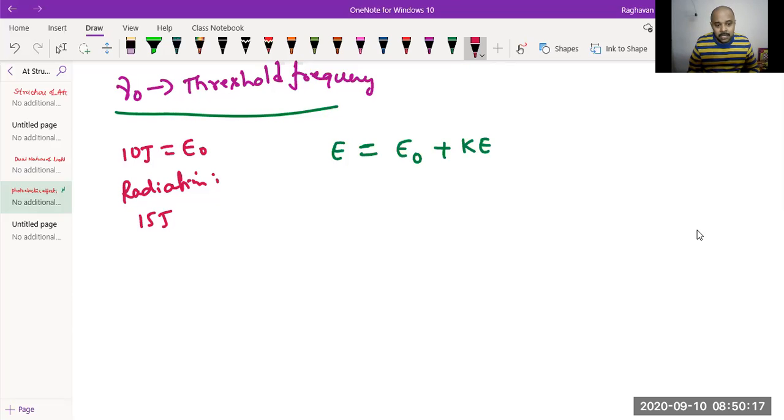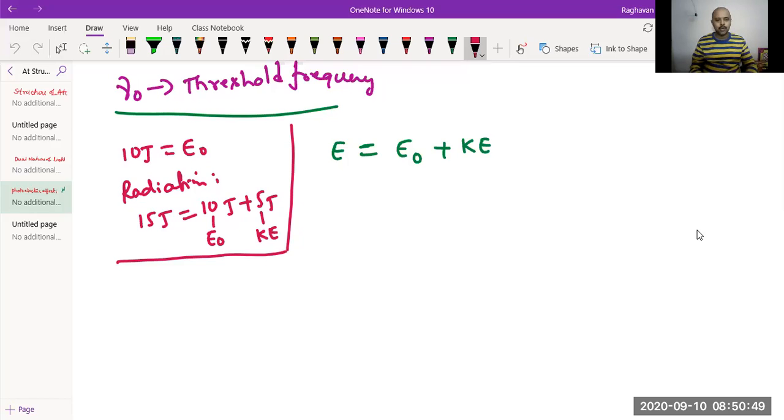What happens? 10 joules will be used for removing the electron. The remaining 5 joules will be transformed into kinetic energy of the electron, with which the removed electron moves. So 10 joules is the threshold energy, plus 5 joules, which will be imparted as kinetic energy of the electron. Is that okay? So this is how things happen.